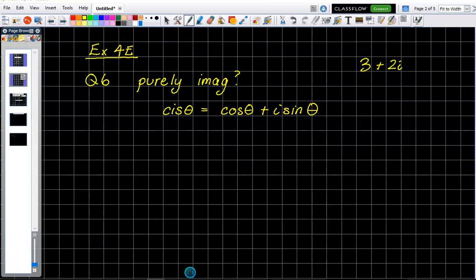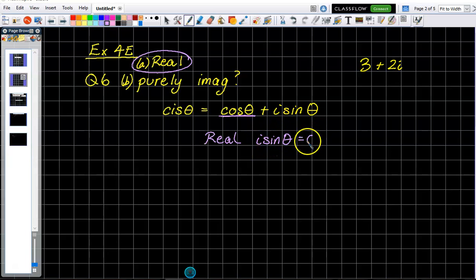So just jump now. 4E question 6 was the other request. They've asked for real in part A, and then part B was purely imaginary. We're talking about polar form here. Let's start with purely real. If it's real, isn't it just this part here? So what does that mean for i sine theta? For it to be real, i sine theta must be 0.